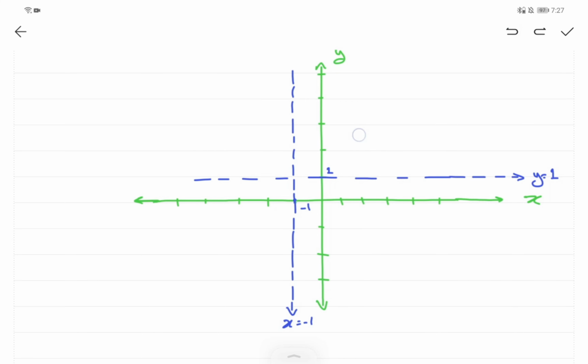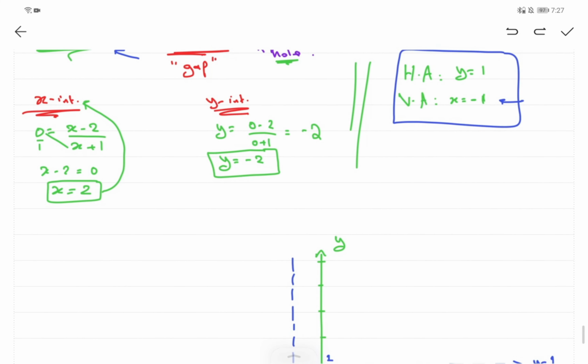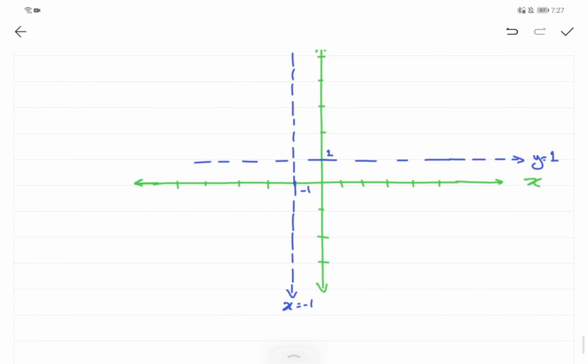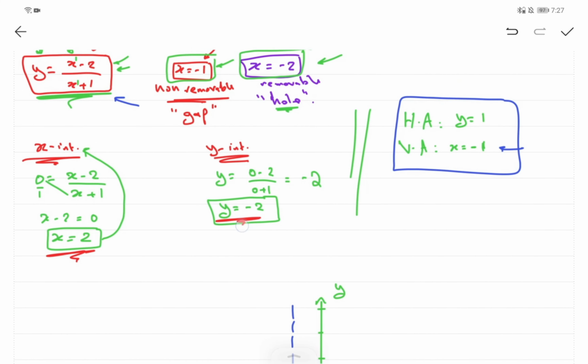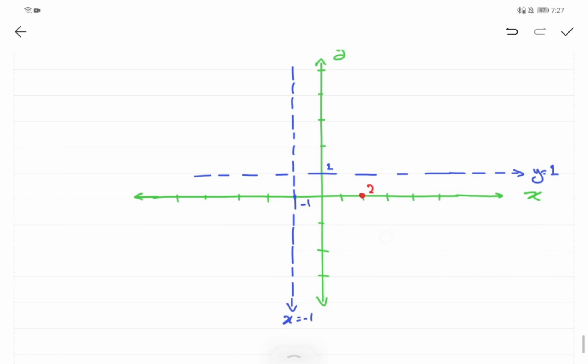We need to check the x-intercept and the y-intercept. The x-intercept is positive 2, so it's going to intersect the x-axis at positive 2 here. And the y-intercept is negative 2, so it's going to intersect the y-axis at negative 2. So simply it's going to be in this region and this region.